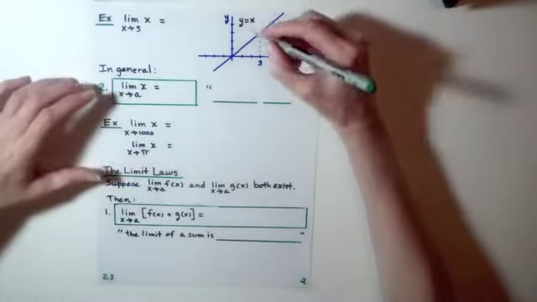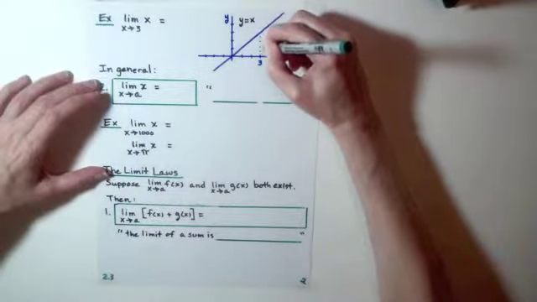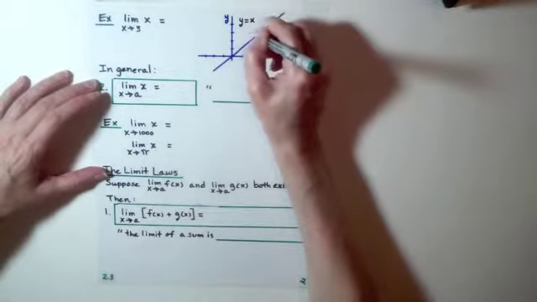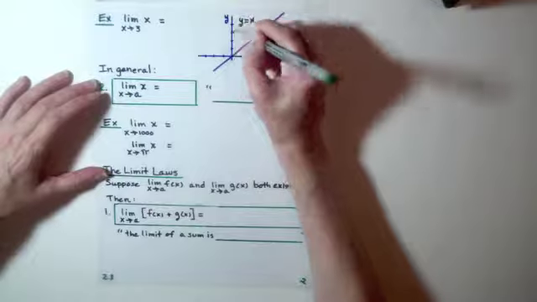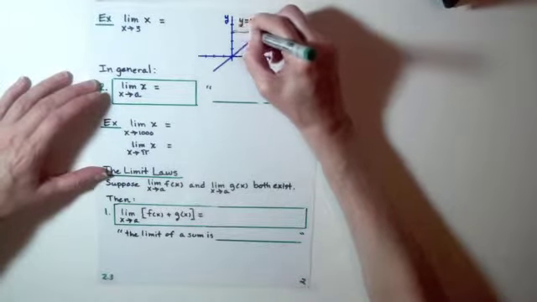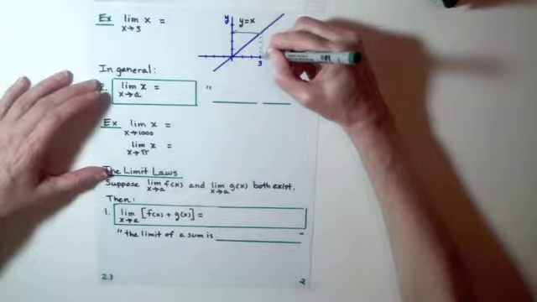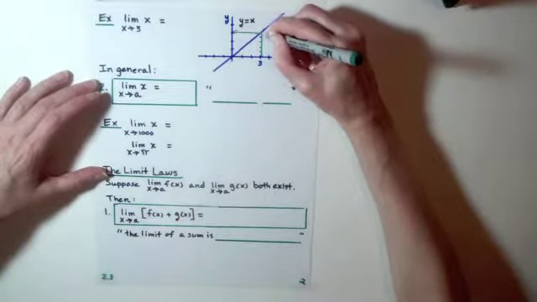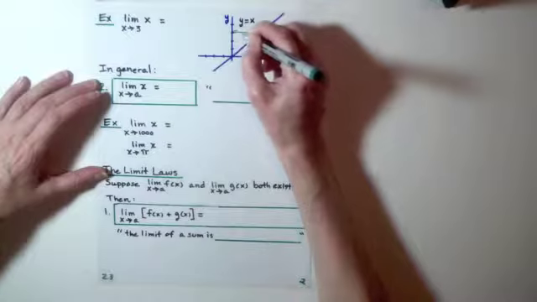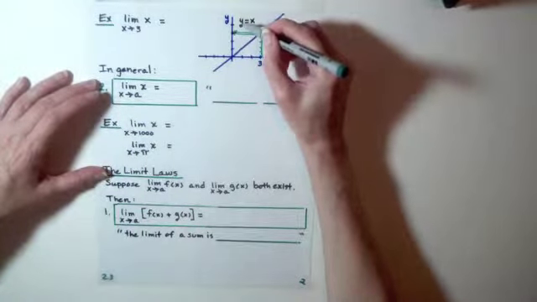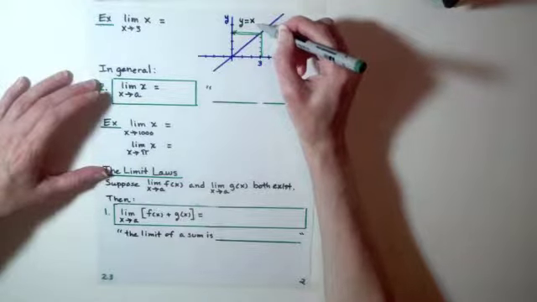If I were to approach 3 from the right side, I go up to my graph and over. It looks like I get an output value that's maybe just a little bit larger than 3. If I choose something like 3.1 that's a little bit closer to 3, the output value would be 3.1 because my y value is equal to my x value in this case.